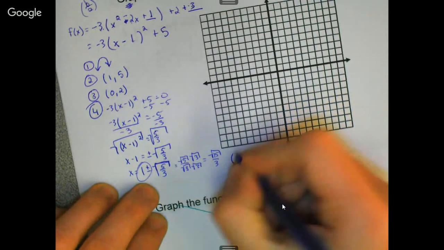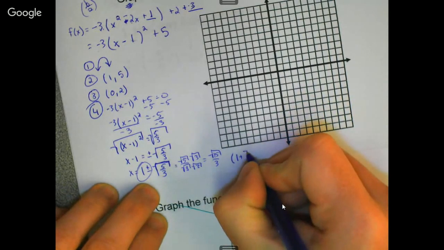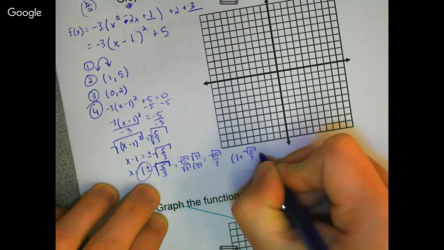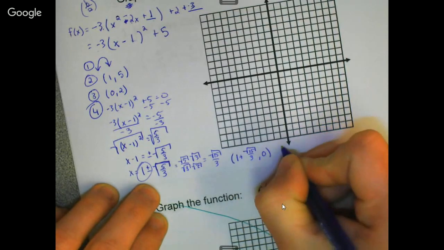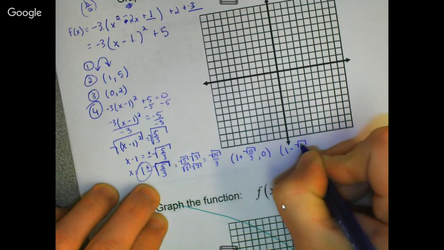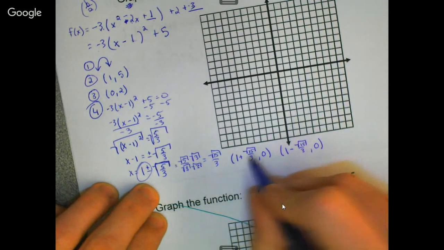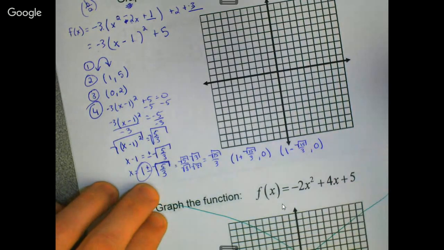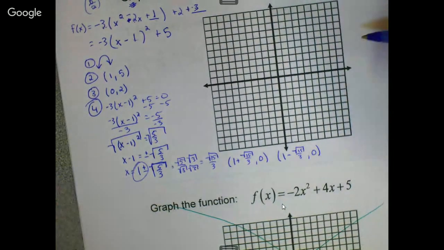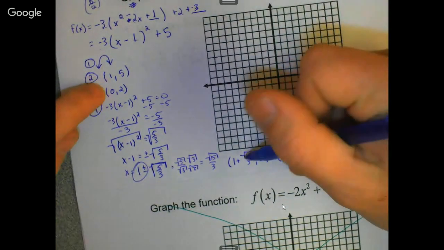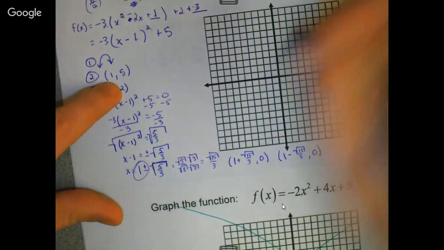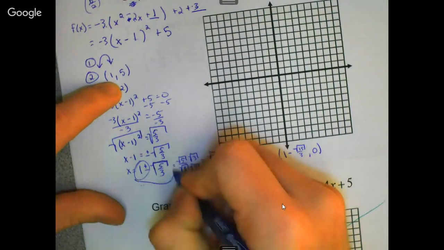So I have 1 plus radical 15 over 3, comma 0, and 1 minus radical 15 over 3, comma 0. Again, you're going to have to put those into the calculator to figure out where it is on your graph. So I'm not worried about going that far. But if you got this right here, that's pretty good.